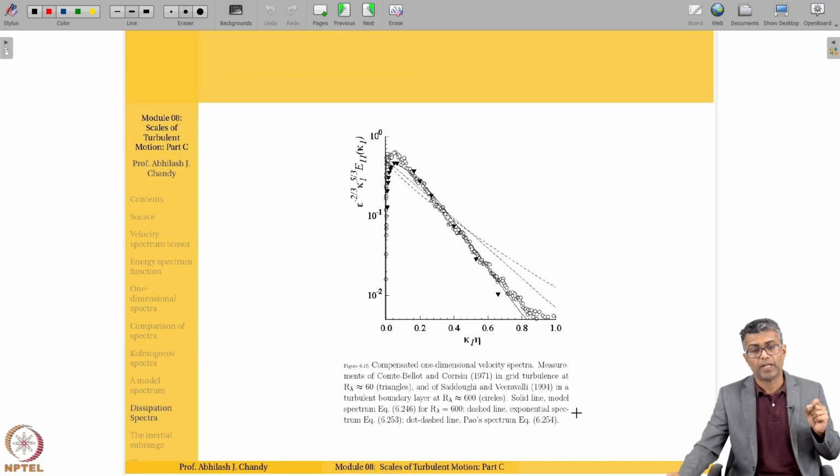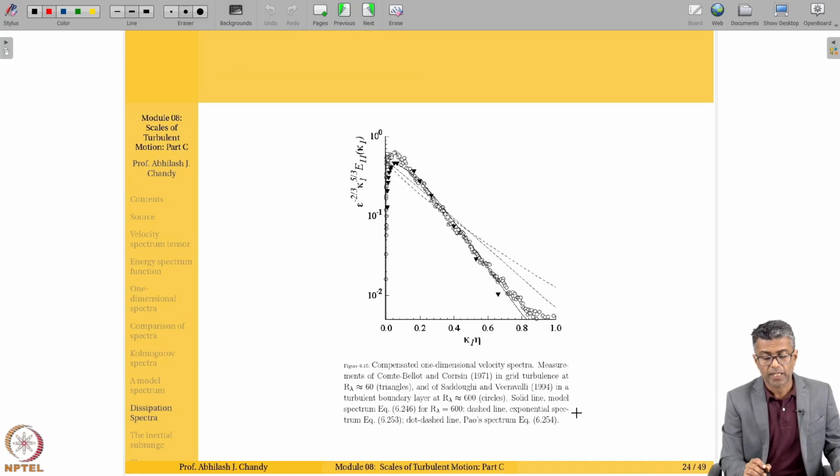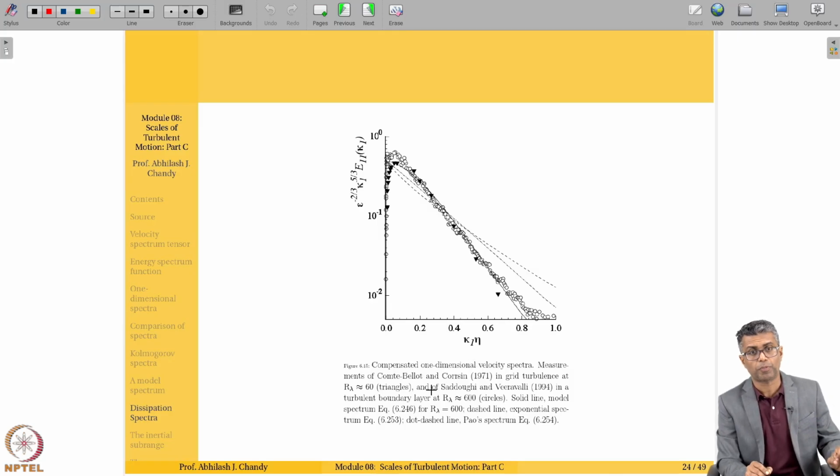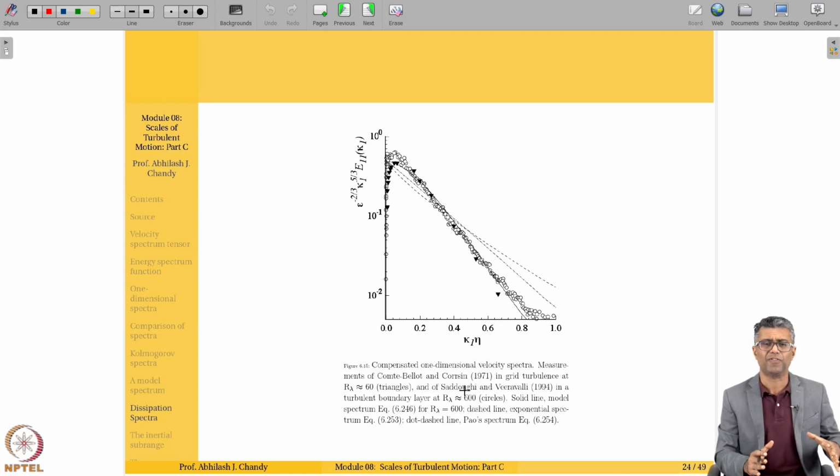And in addition to that, I'm doing one other thing. On the x-axis, I am plotting on a linear scale, so it is kappa 1 eta. There are a few data sets shown here. One is the measurements of Comte-Bellot and Corrsin from 1971 for grid turbulence at R lambda equal to 60, a relatively low Reynolds number, still turbulent.